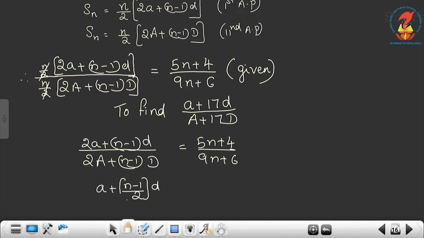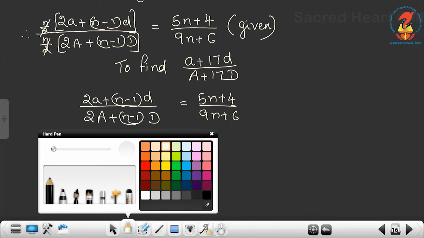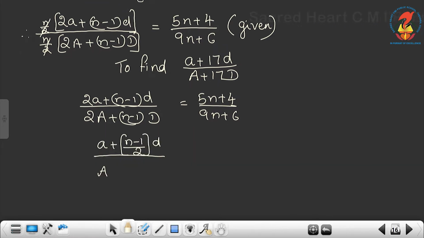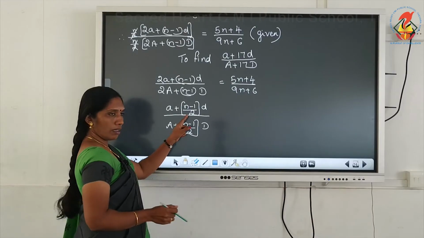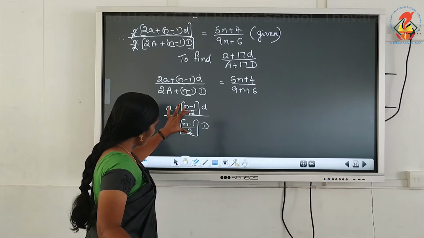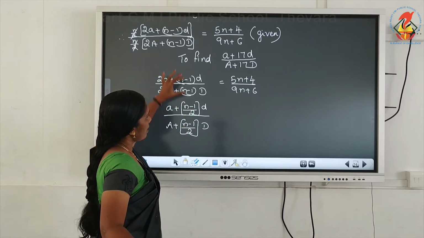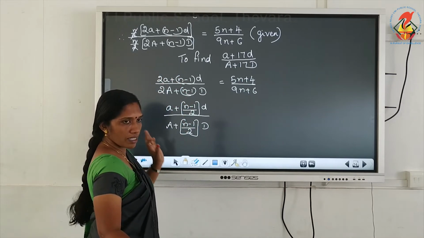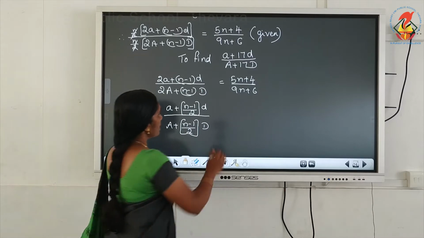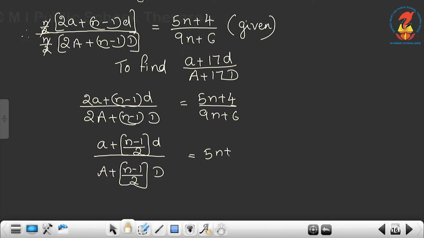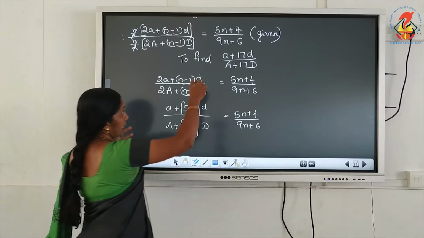Is this correct? a plus n minus 1 by 2 into d, over capital A plus n minus 1 by 2 into capital D. Okay. This is the same step as this one. Is it correct? Now that's equal to 5n plus 4 by 9n plus 6. Now again compare this.